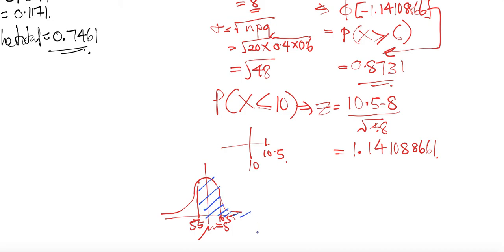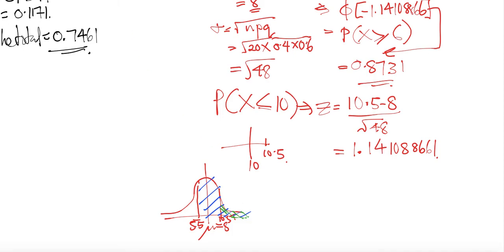Now I want to know the green area, everything over 10.5. So when I take the blue area, 0.8731, and subtract the probability for anything beyond 10.5, that will give me the area between 5.5 and 10.5, and that is the probability that we are looking at.